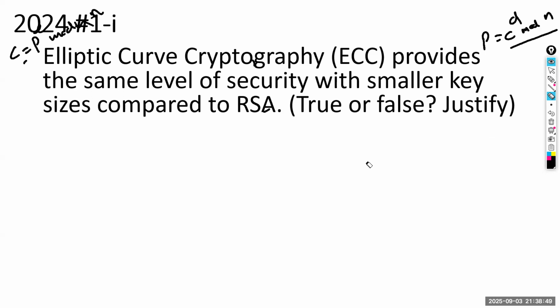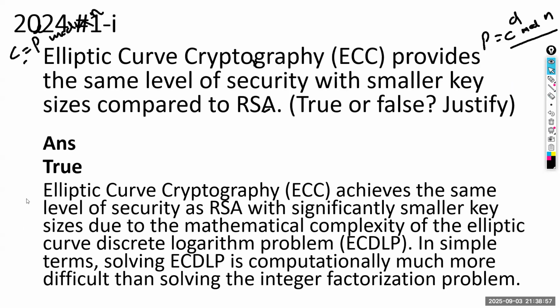It doesn't mean that RSA is bad. Simply ECC is better. So elliptic curve cryptography achieves the same level of security as RSA with significantly smaller key sizes due to the mathematical complexity of the elliptic curve discrete logarithm problem.